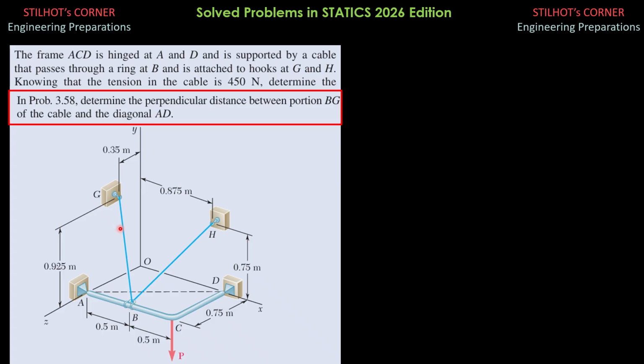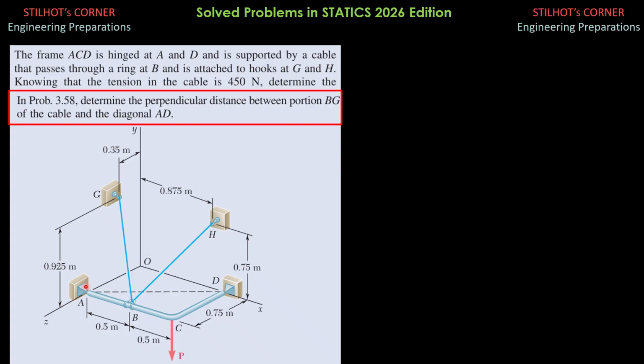So DA. Then we define the moment of the 1 Newton force about axis DA as RAB cross the force. The force is 1 Newton times the unit vector of this direction, BG.